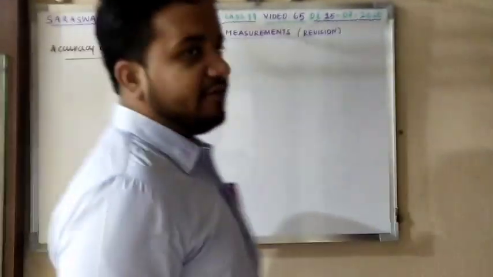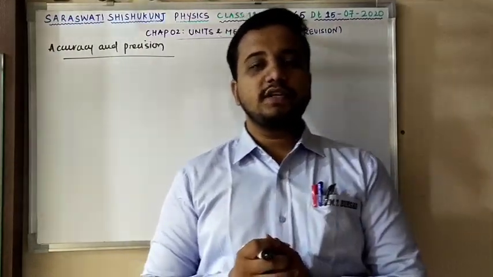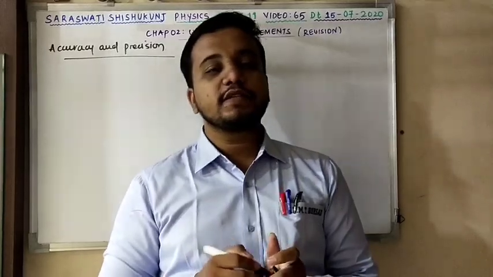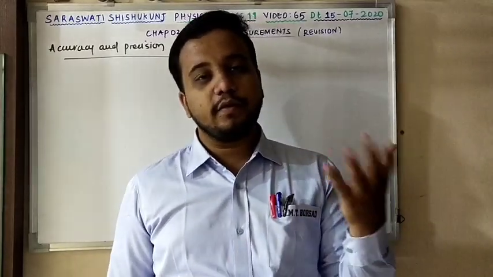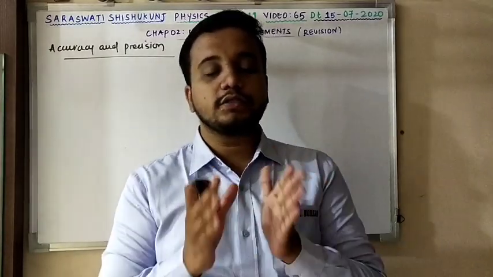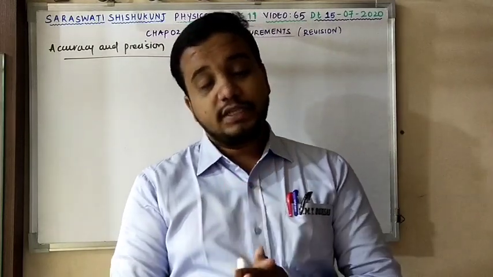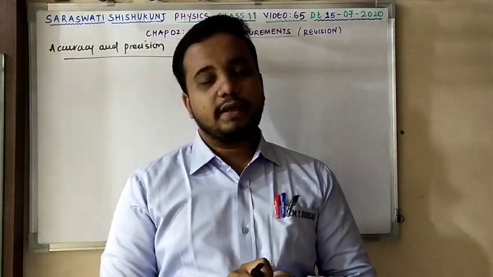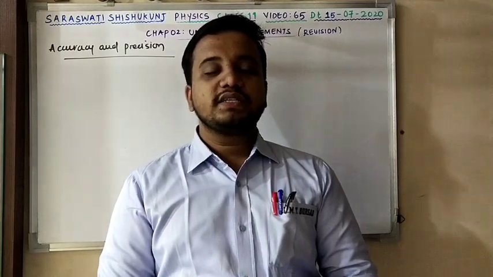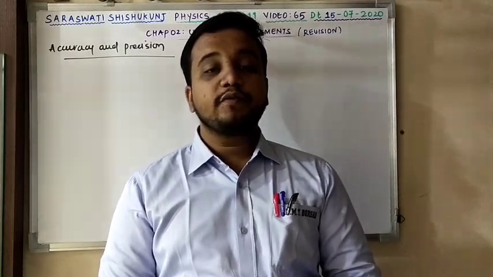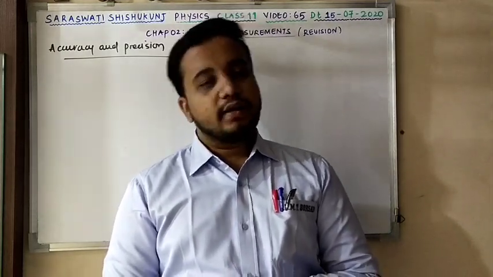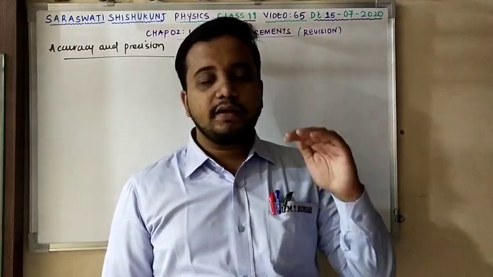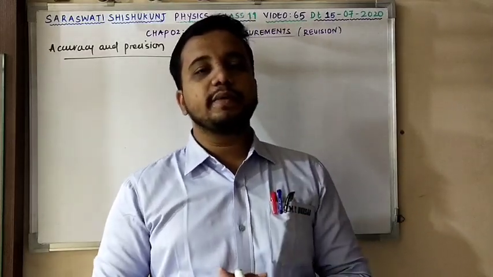Our next topic that we are going to discuss is accuracy and precision. What is accuracy? Accuracy refers to the closeness of a measured value to the true value of the physical quantity. Clear? Accuracy indicates freedom from relative errors. If we reduce the errors, results become more accurate.